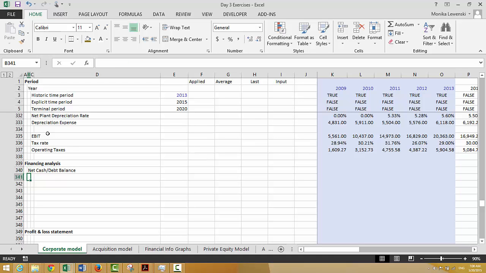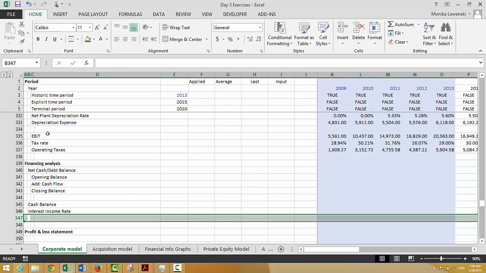We're going to put an opening balance, add the cash flow, and put a closing balance. Then we're going to split this up between the cash balance, where we can put an interest income rate, and then compute the interest income.